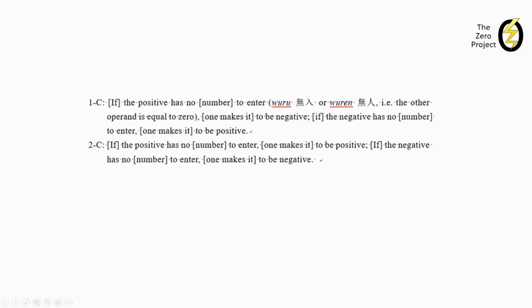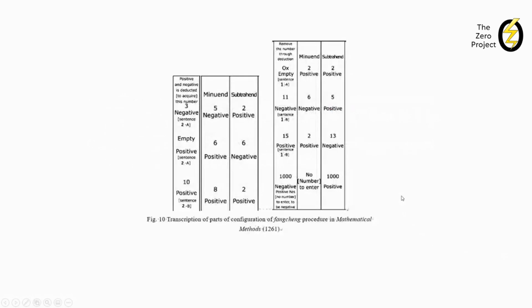In the right side of the figure 10, the 10,000 positive in the right column has no corresponding number in the middle column to enter.